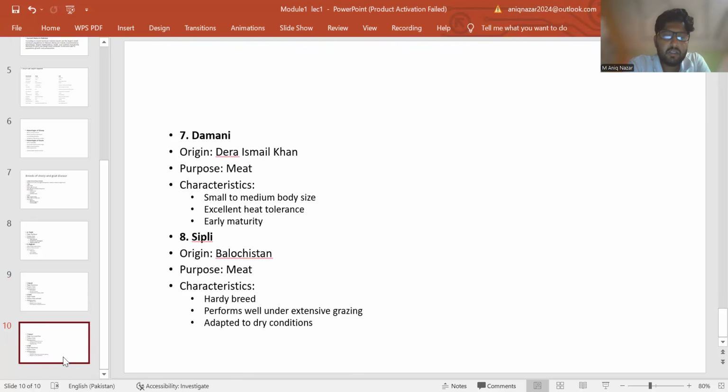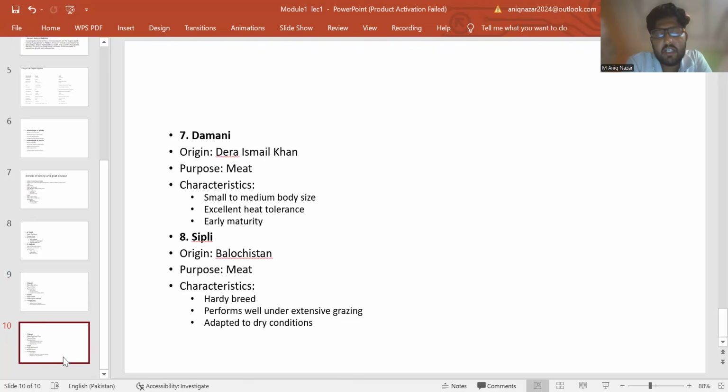And the last breed that we discuss within this lecture is Sipli. It is also in Balochistan. Its purpose is to get meat. Its meat is very good to eat. Its characteristic is a hardy breed. It performs well in extensive grazing.